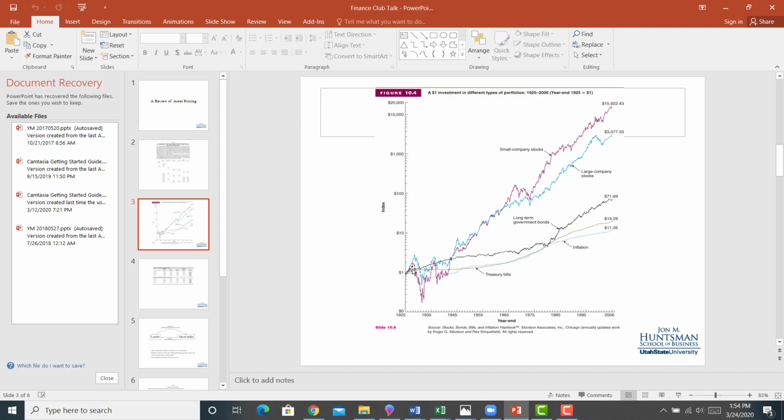Likewise, if you invested $1 in the smallest cap stocks, the purple line, what would that $1 investment be worth in 2007? You can see that small cap stocks have largely outperformed large cap stocks, with a great deal of outperformance, particularly in the latter half of the 1900s.